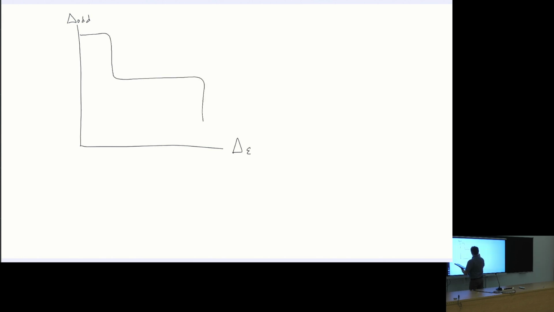And it looks something like this, where you can identify different theories in this space. So the free scalar theory in 3D lives up here, has a leading parity odd operator dimension of 11 because it requires a lot of derivatives and an epsilon tensor and a lot of fields.